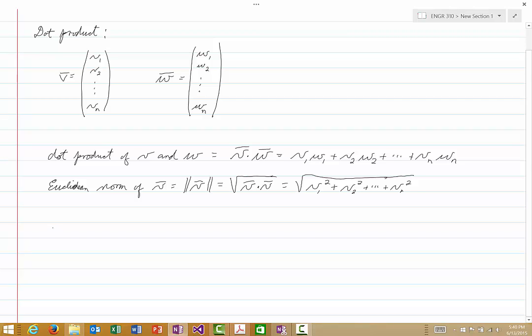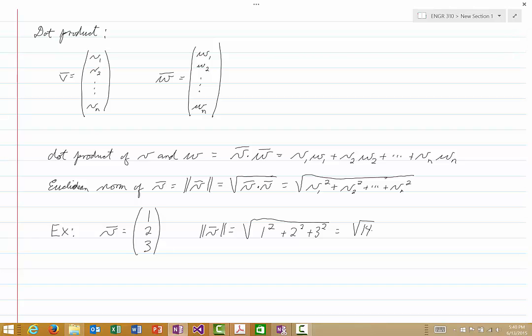So for example, if v were the vector in R3 given by 1, 2, 3, then the Euclidean norm of v is equal to the square root of 1 squared plus 2 squared plus 3 squared. 1 squared is 1 and 2 squared is 4, so that's 5, and then 9, giving 14, and we'd have the square root of 14. So that's how you calculate the Euclidean norm of a vector.